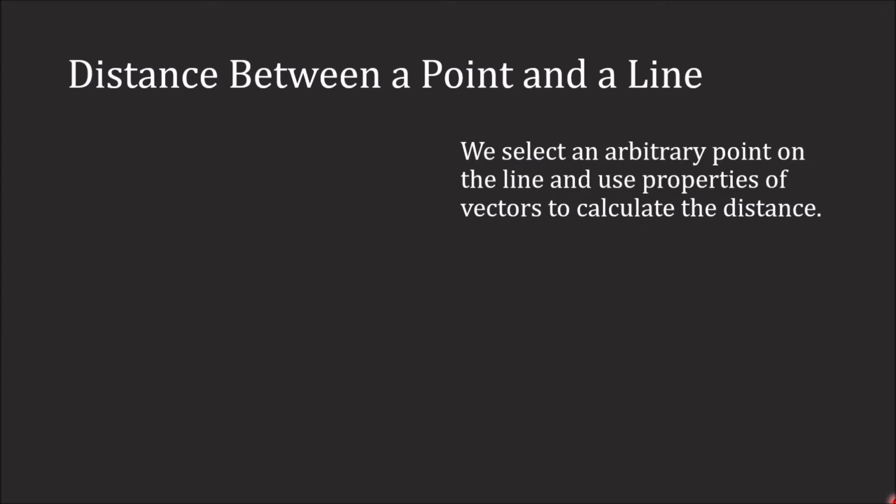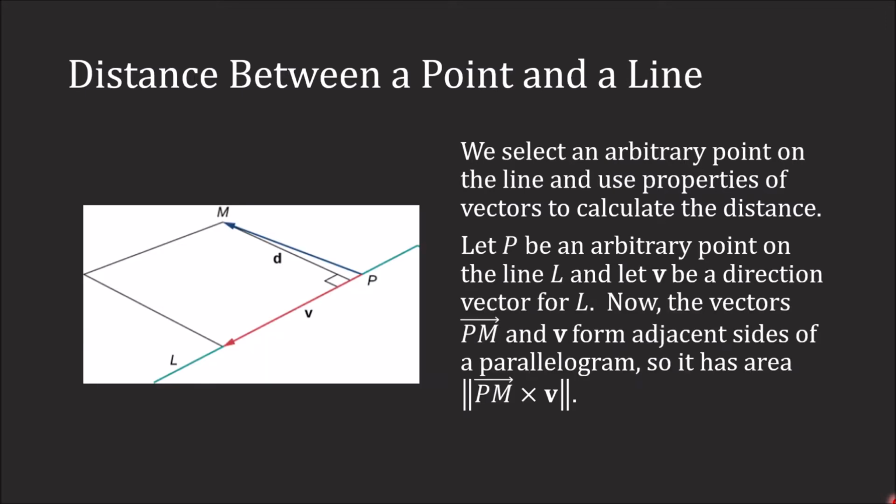So we select an arbitrary point on the line and use properties of vectors to calculate the distance. Let P be an arbitrary point on the line L, and let V be a direction vector for L. Right, so here's our line L. We choose an arbitrary point P, and V is a direction vector.